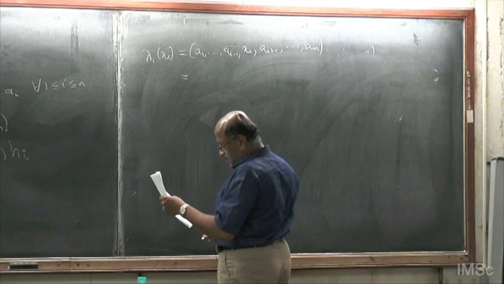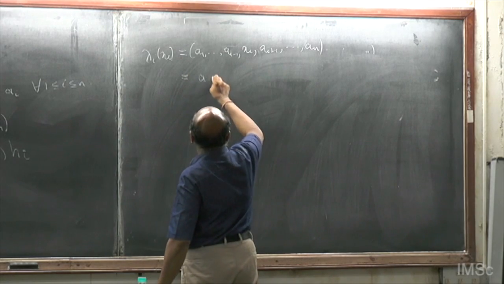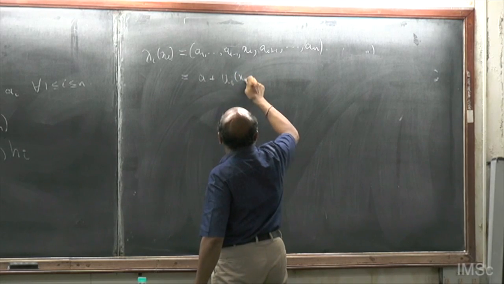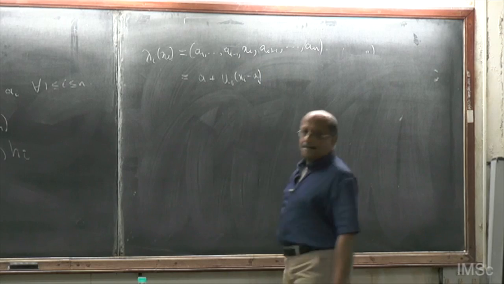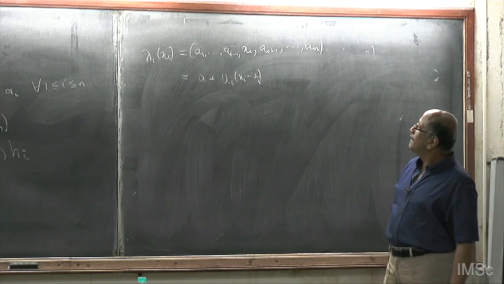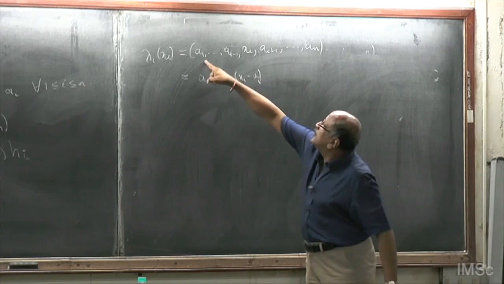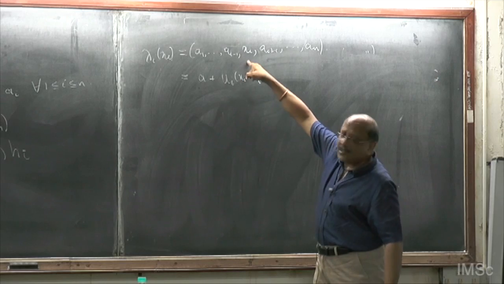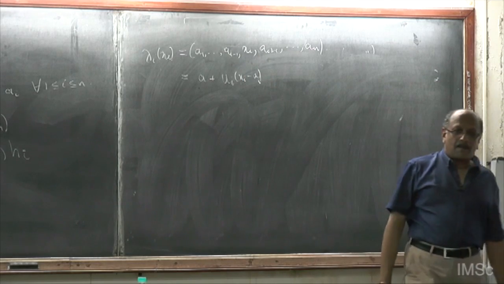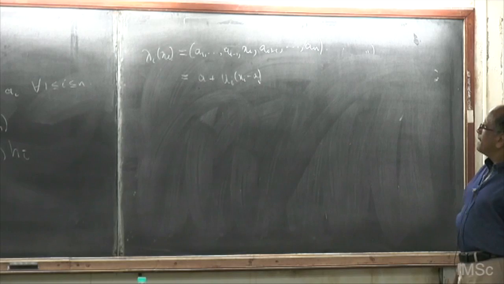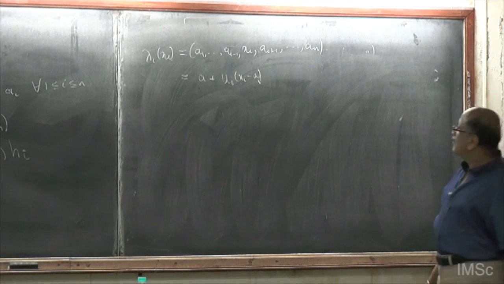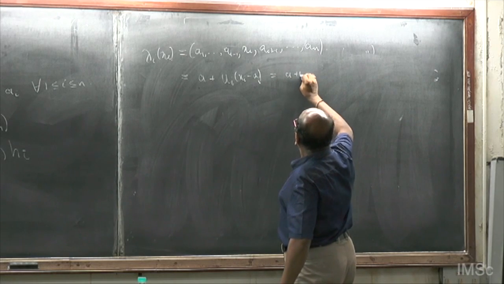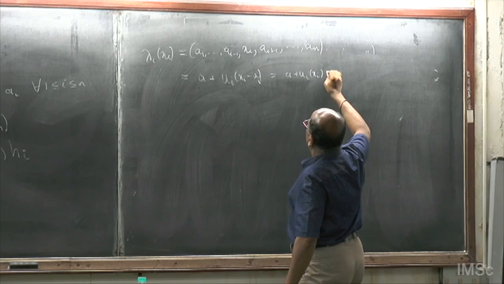And this is nothing but a plus ui of (xi minus ai), where ui puts zeros in the other places and xi minus ai here. If I add this, I will get this. And ui is linear, so this you can write as a plus ui of xi minus ui of ai.